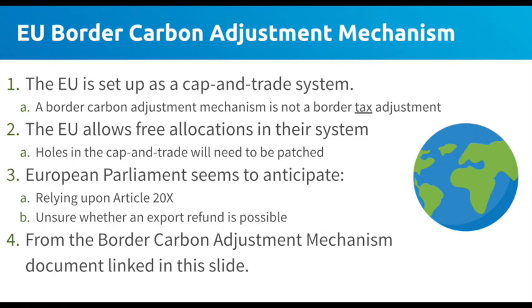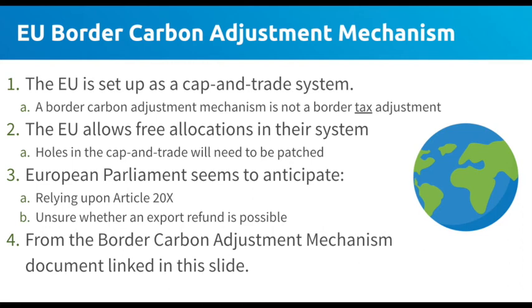A couple of other domestic strategic things the EU has to figure out here. Their cap and trade system has free allocations in it. These are holes in the coverage of their carbon pricing, and those need to be patched. It will almost certainly violate the General Agreement on Tariffs and Trade if the EU has both a border adjustment mechanism and those holes in their cap and trade system.